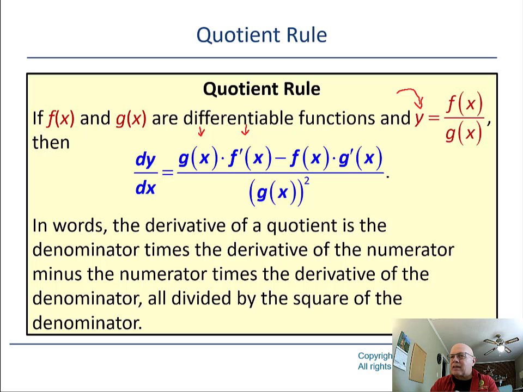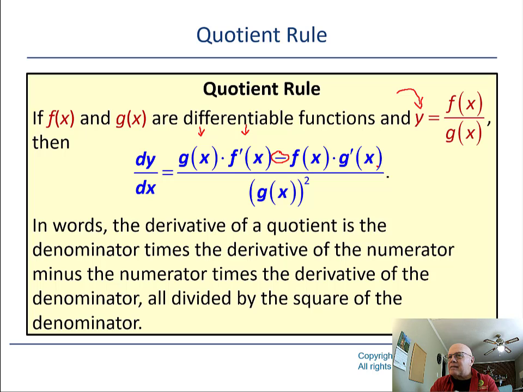Instead, g(x) times f'(x). And on the second part, you'll have f, and then g'(x). Notice that this is a little bit similar to the product rule, where you have each function multiplied times the derivative of the other one. One difference is that for the quotient rule, you've got a minus in the middle. So that's one thing you have to keep in mind.